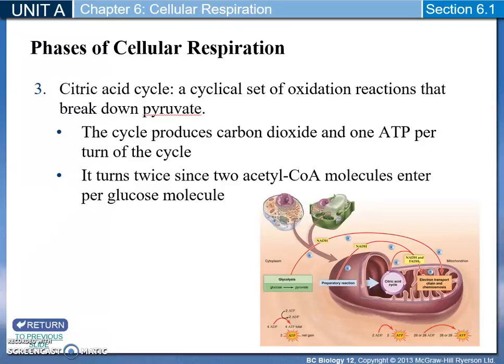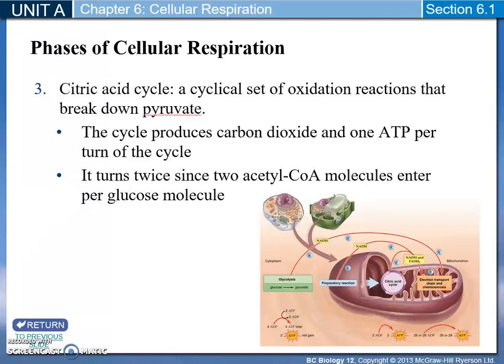Now, as I mentioned, we will be looking at these in a little bit more detail, so you don't need to be too concerned about all the details. One thing to note is that the first part, glycolysis, occurs within the cell cytoplasm. Then step 2 and step 3 of the process occur within the mitochondria.